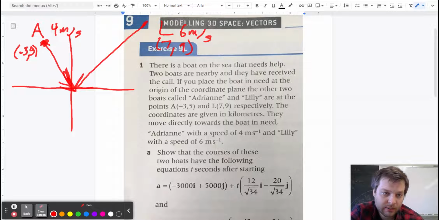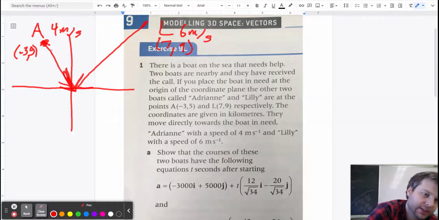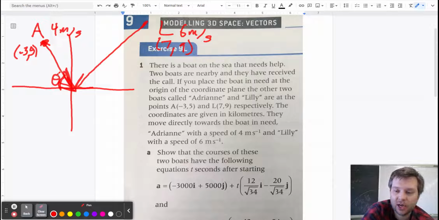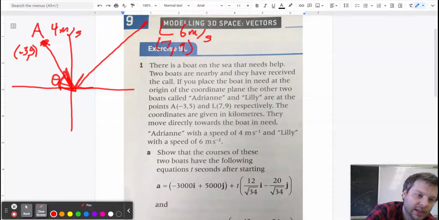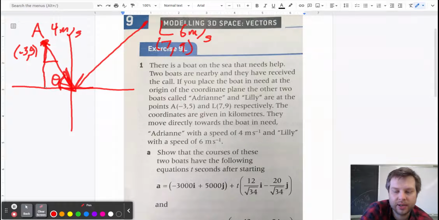The first thing I want you to notice is that because they're moving directly in towards the boat that needs help, the angle theta stays constant the whole time. What that means is that at any time you can draw a little right triangle, and that little right triangle is similar to the large right triangle.